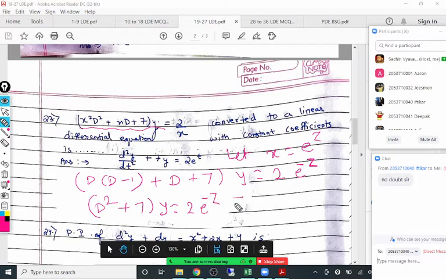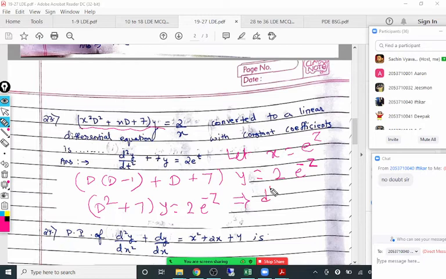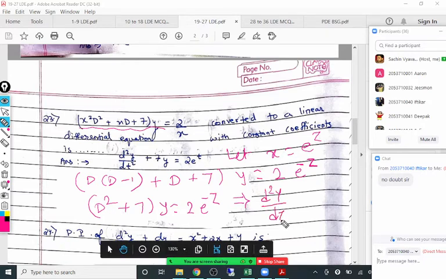The answer can be written in this form also. This capital D is not d2y by dx square. It is d2y by dz square, because z is the independent variable now, since we replaced x by e raised to z and changed the variable x to z.